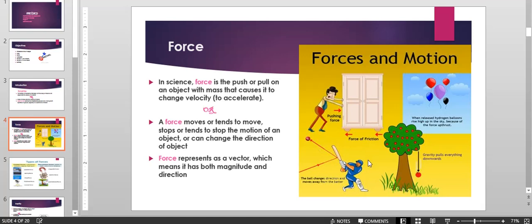In the second example, as we have discussed that a force can also change the direction of an object, here in this case, the ball changes direction and moves away from the batter. In the third example, when released hydrogen balloons rise up in the sky, this happens because of the force that is known as upthrust.